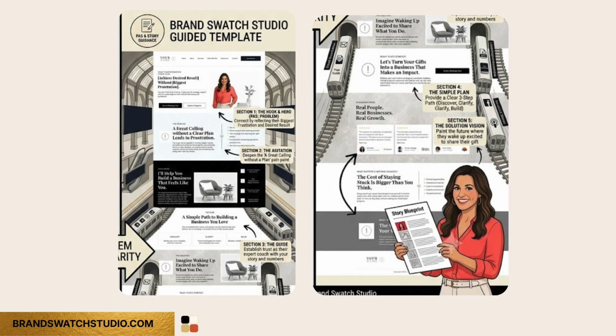The primary goal here isn't just filling in space. It's making an immediate connection with your visitor, so they instantly see their exact problem reflected back to them and recognize you as the expert guide who can help them fix it and feel empowered to take action or take the next step. So let me show you how each section builds the story step by step.